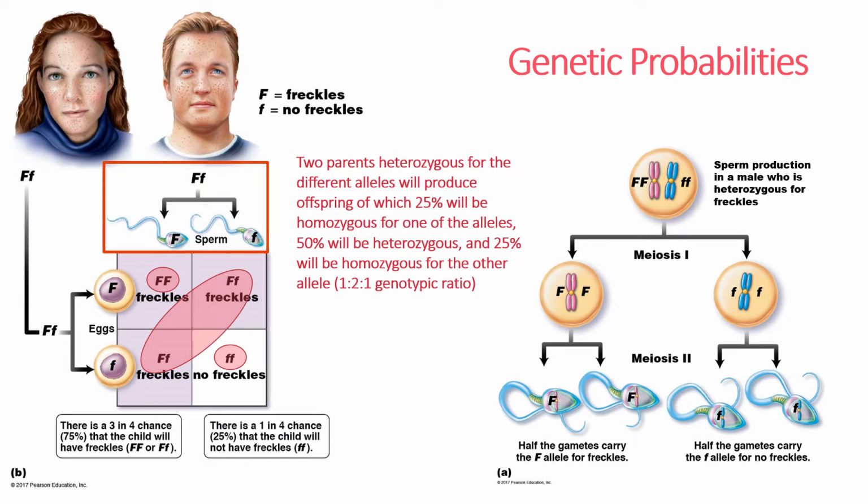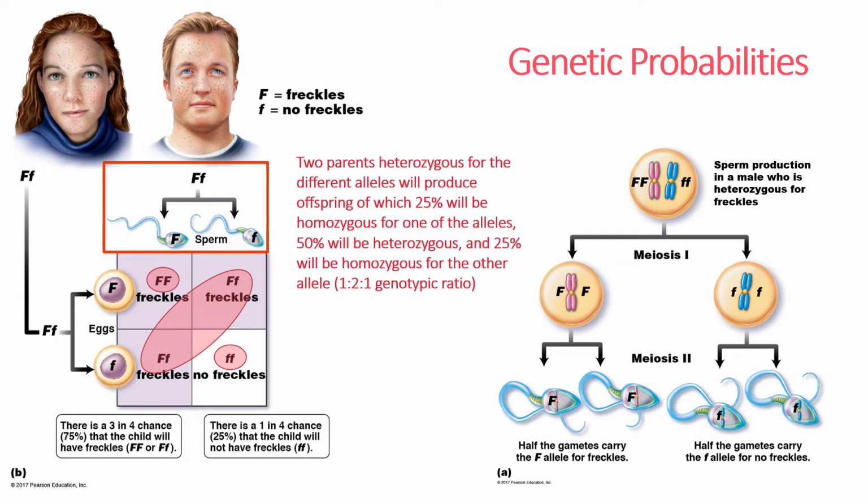So, two heterozygous parents will produce 25% of their offspring that will be homozygous for one of the alleles. 50% of their offspring will be heterozygous, and 25% will be homozygous for the other allele.